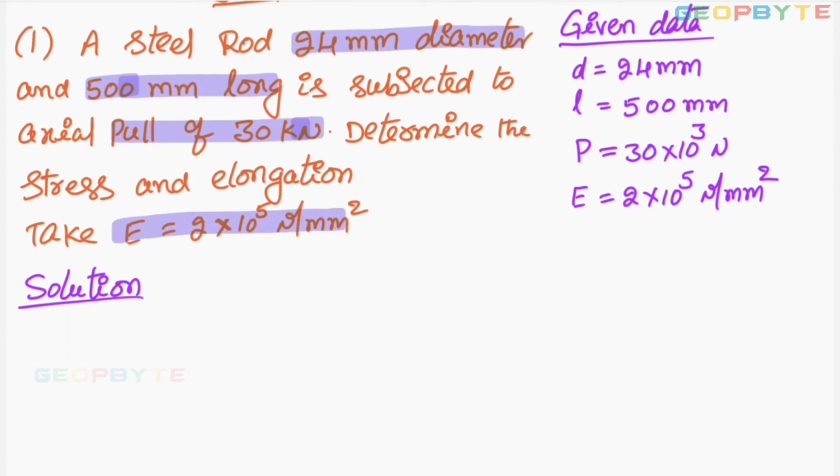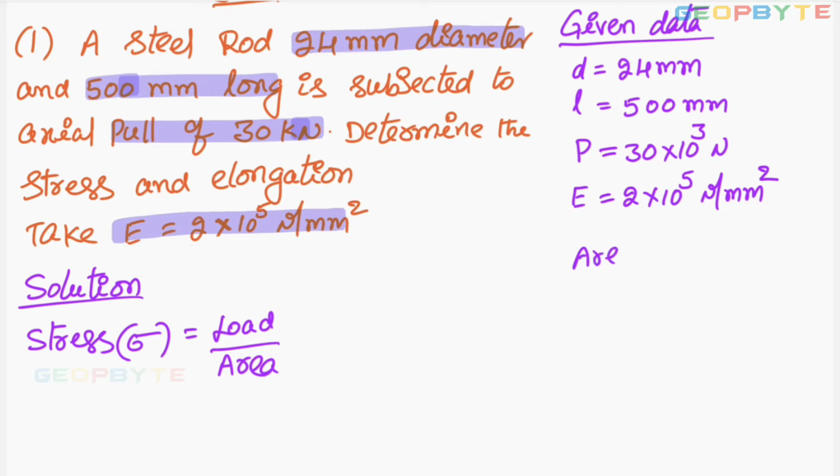You know, stress sigma equal to load by area. Here area A equal to pi by 4 into D square, pi by 4 into 24 square.